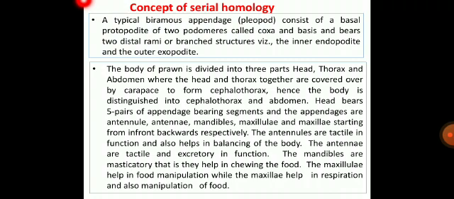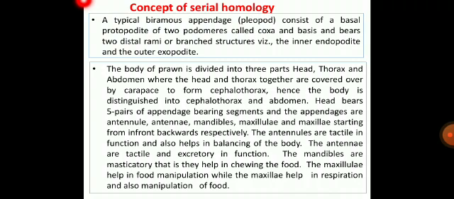Here the antennae are tactile, that is they are sensitive to touch, and also they help in balancing of the body because of the presence of the balancing organ called statocyst, which is present in a small concavity of the coxa of this appendage.